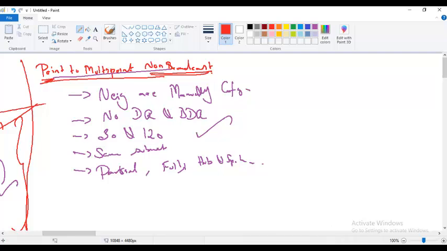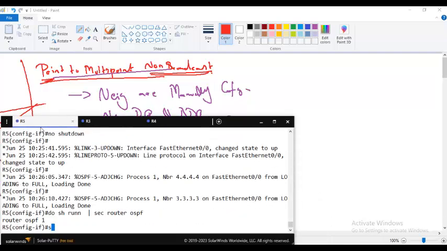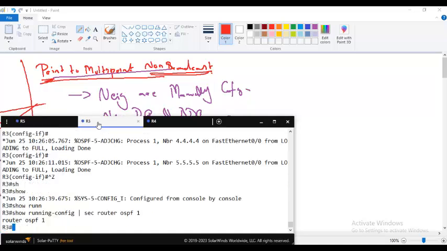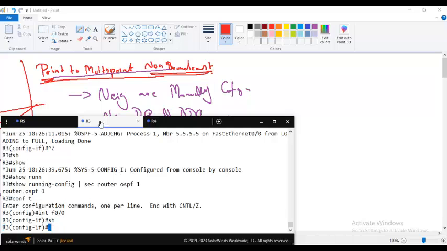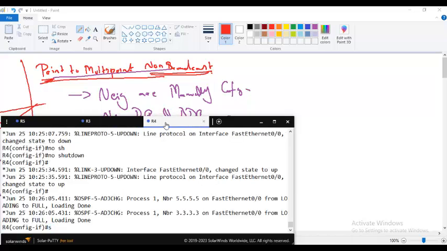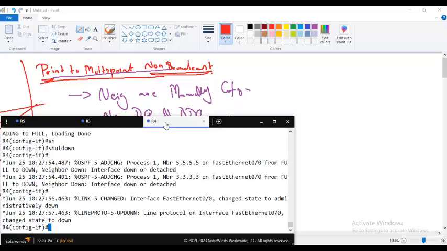And what we do next is we change the network type. IP OSPF network type point to multipoint non-broadcast, just in one line, all together. Whatever we have seen so far, point to multipoint and non-broadcast together. I repeat the same on the rest of the routers.